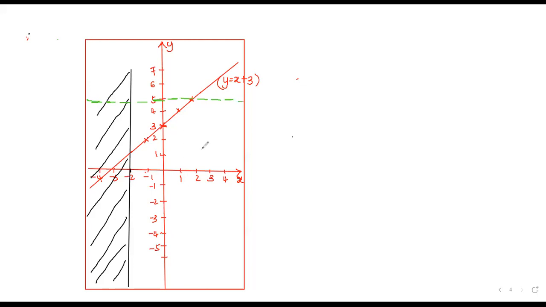So then here you have to write it. This is the X equal to negative 2 line. And then here you write the Y equal to 5 line. The Y values should be lesser than 5. That is what I need. So then the unwanted region should be this. The Y values are higher than 5.